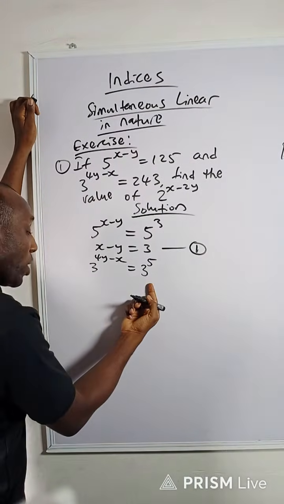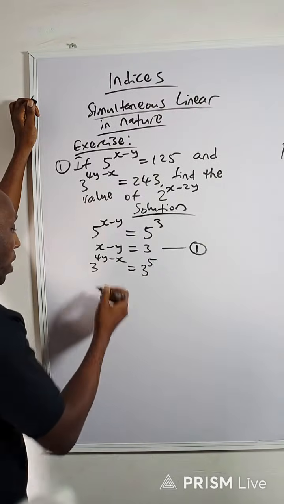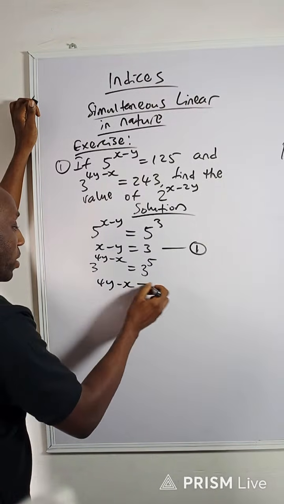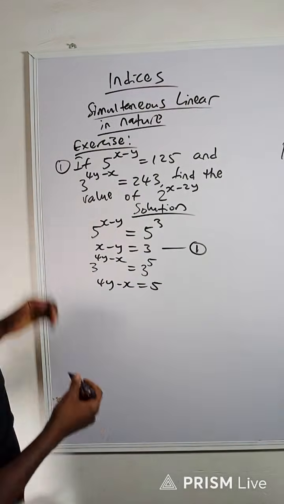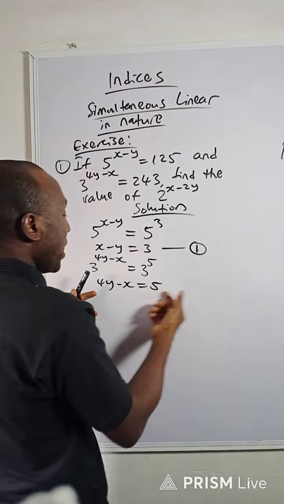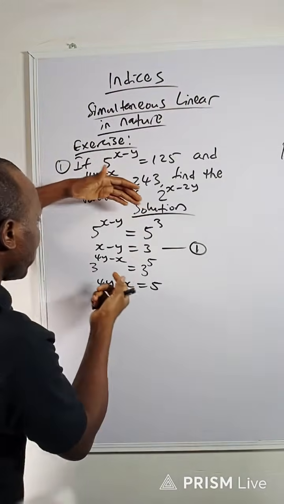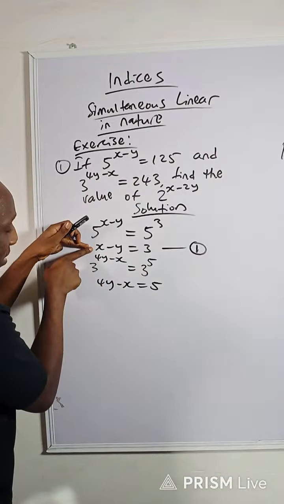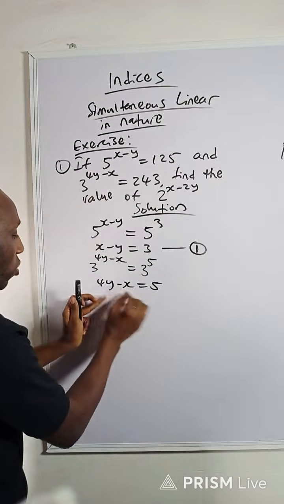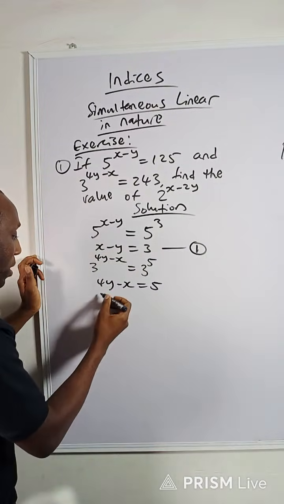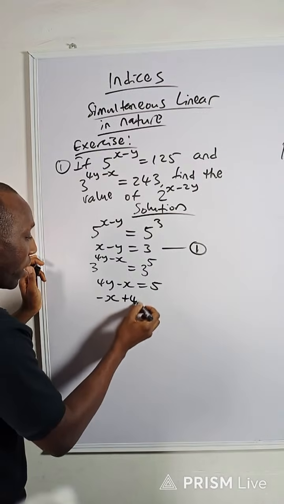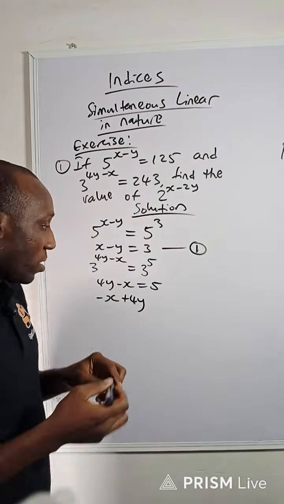So the same base on both sides equates the exponents. So you have 4y minus x is equal to 5. Now, before I name this equation, I want to make it appear like what I have in equation 1. Because x is the first term there, let's restructure this one. So I'm just going to write minus x plus 4y. Notice I did not change anything.